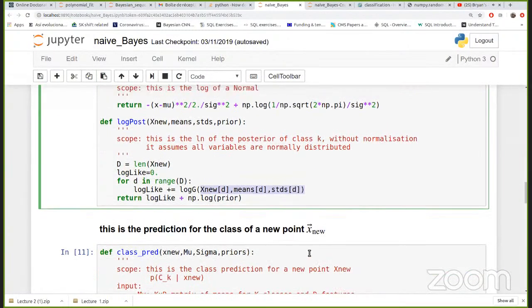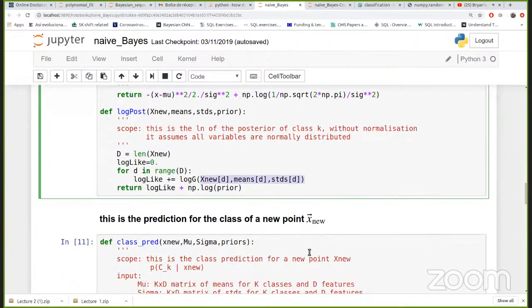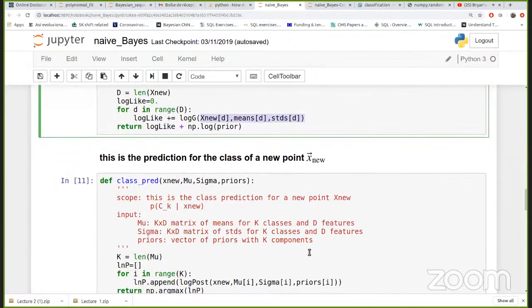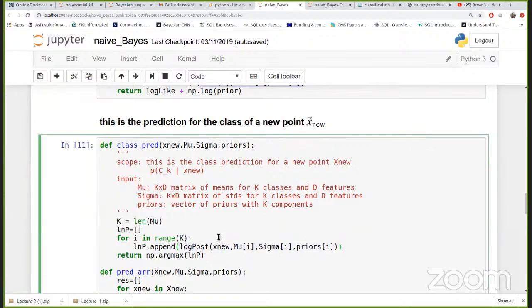Then I have all the ingredients to make a prediction, because for my class prediction, first of all, I need to compute for all the classes the posterior for a given point x new. This is an input.